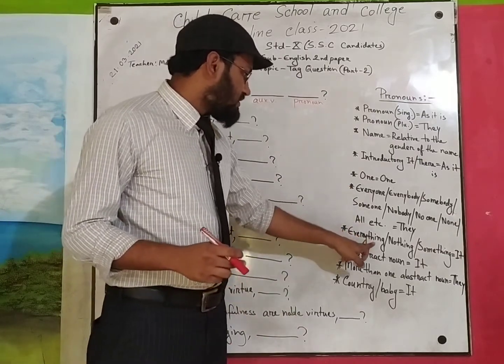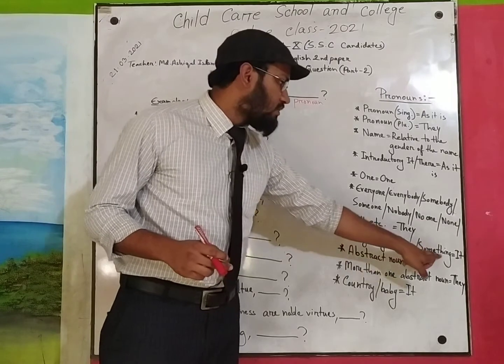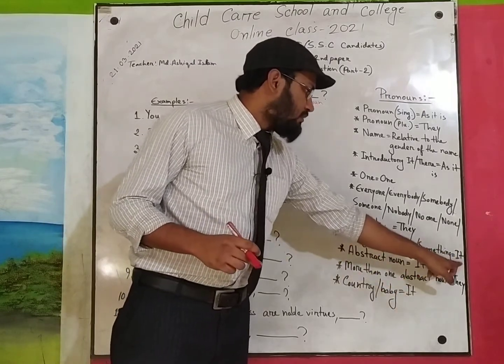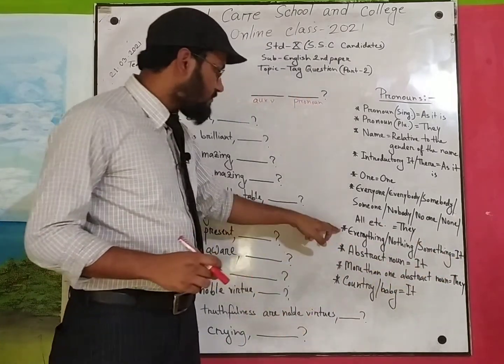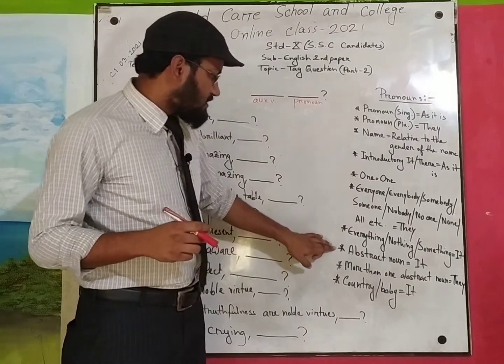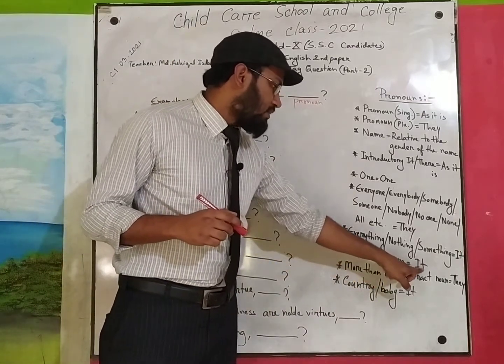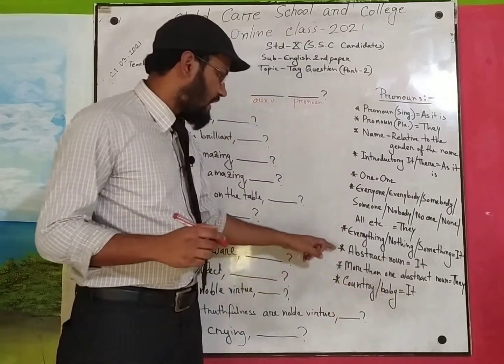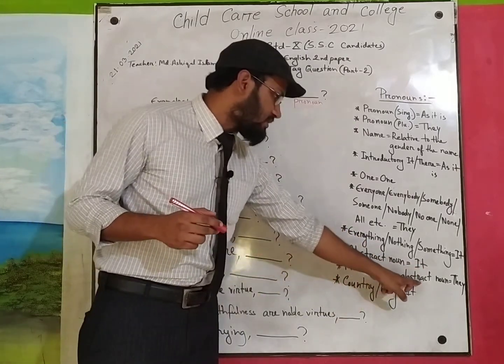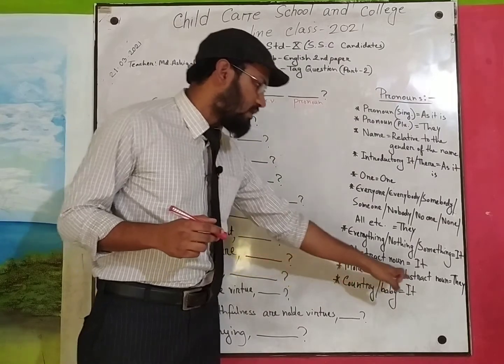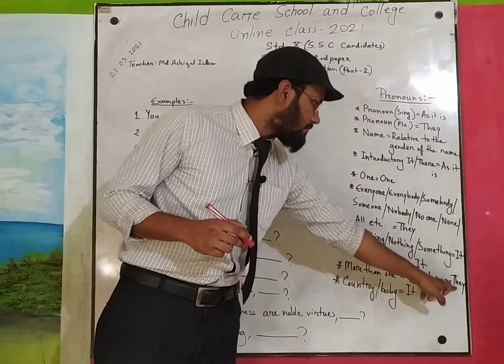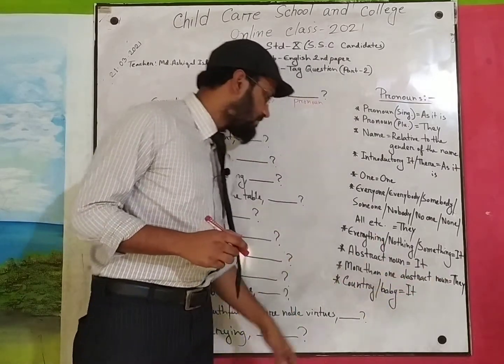If we see everything, nothing, or something, our pronoun will be it. Again, if our subject is a singular abstract noun, our pronoun will be it. And if our subject is an abstract noun, but it's plural, that means more than one abstract noun, our pronoun will be they.